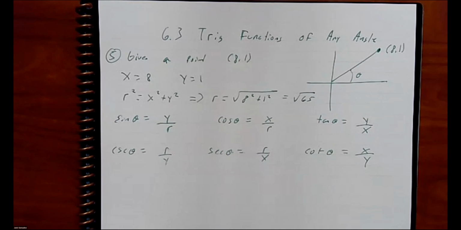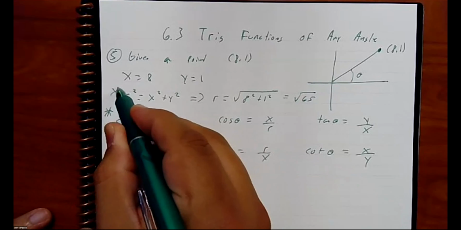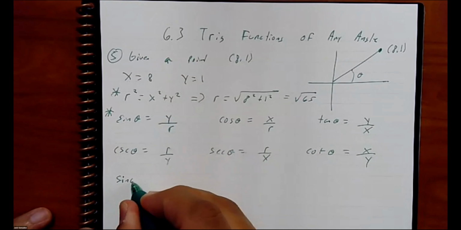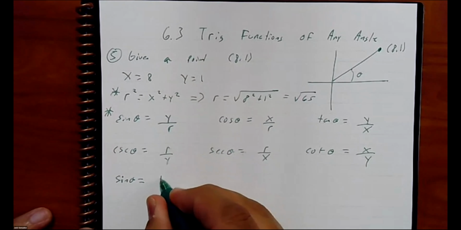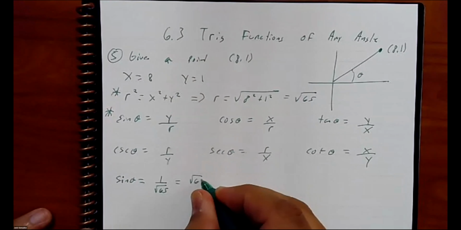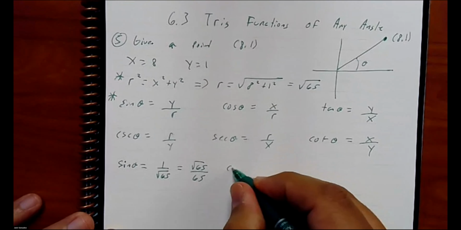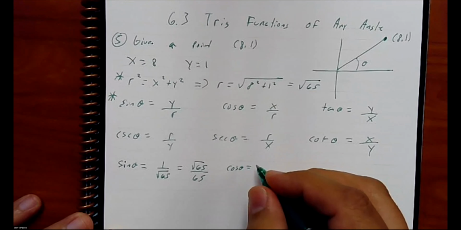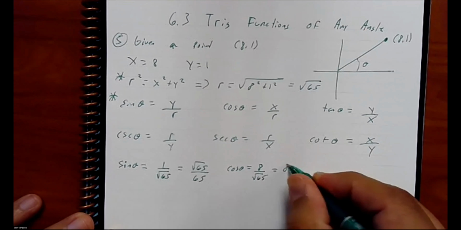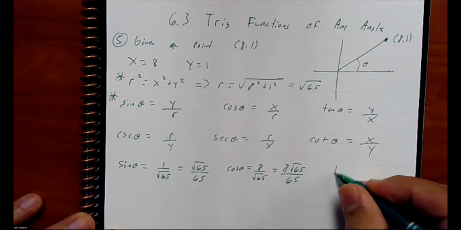And we're good. So this would be like our little formulas. Same with this guy. So sine is equal to 1 over square root 65, which is square root 65 over 65 when you rationalize. Cosine theta will be equal to 8 over square root 65, which is 8 square root 65 over 65 when you rationalize.